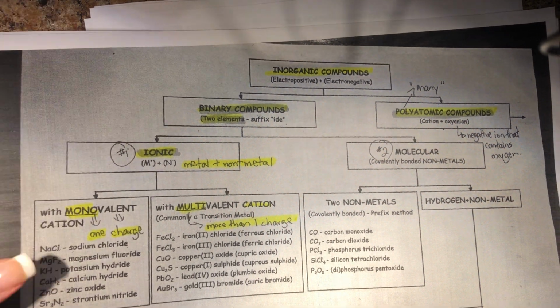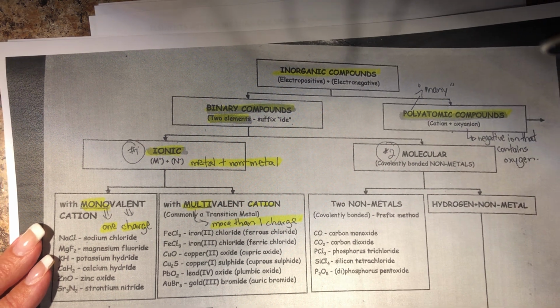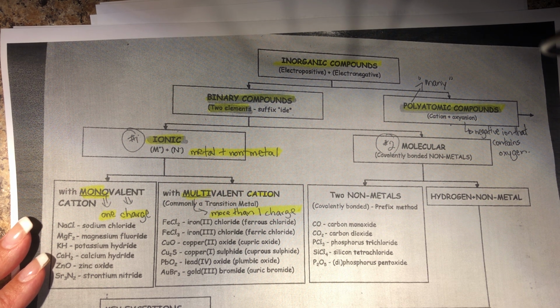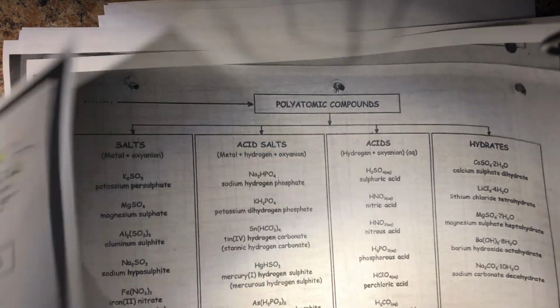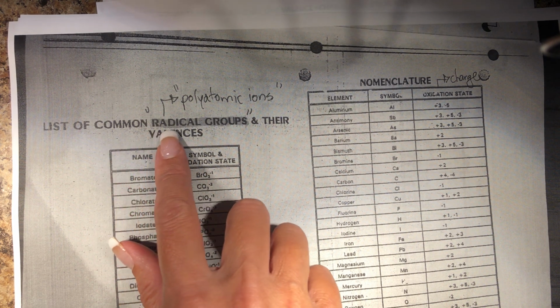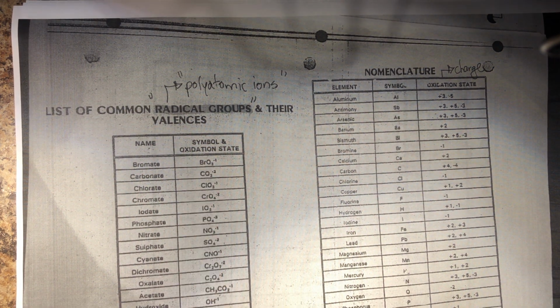Okay, so flip to the part in your package. Before we start, there's a number of reference sheets we will have, and we will need them at our disposal. So if you need to take them out of your package to do your work, that's advisable if it helps you. So that's just the other part of polyatomics we're going to look at. These are a list of common radicals or polyatomic ions and their charges or valences.